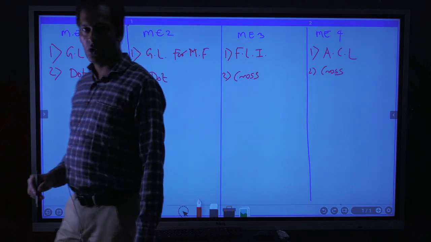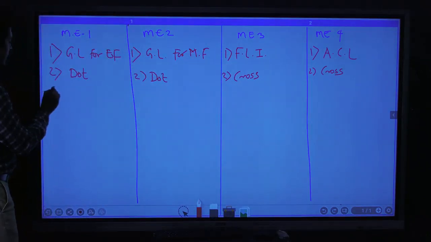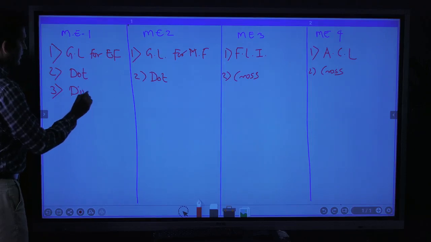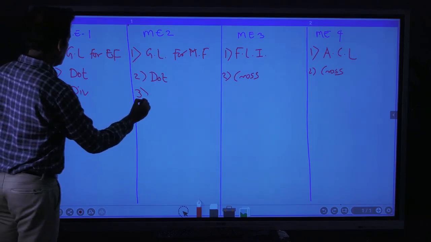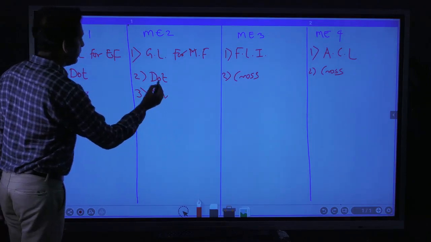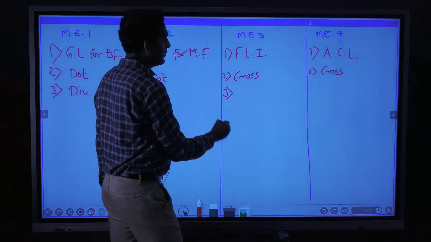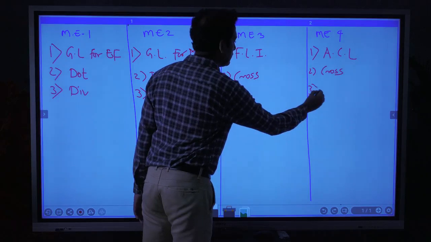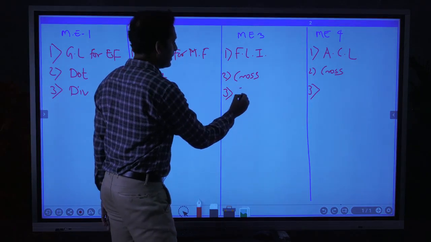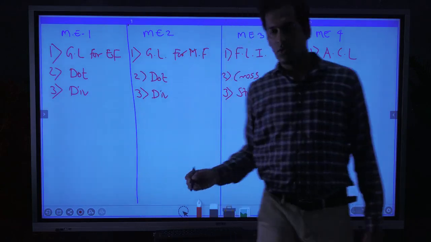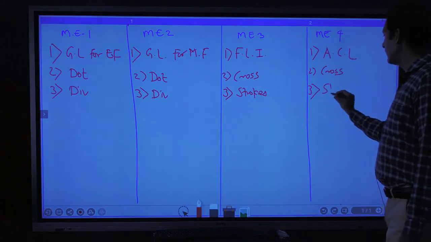So by using the dot product, for simplification we apply the divergence theorem for both of the first 2, and then for the next 2, equation 3 and equation 4, we apply Stokes theorem. We apply Stokes theorem for simplicity.